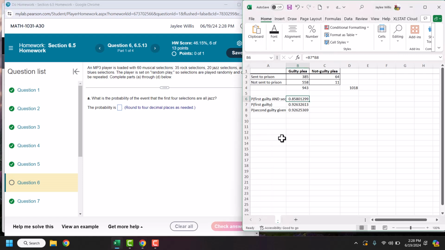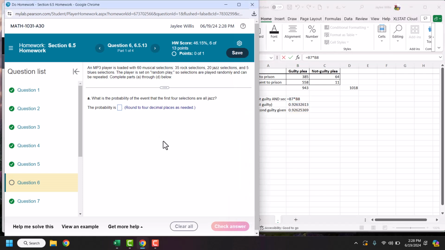And so this is basically the and formula repeated multiple times because you want to get jazz and jazz and jazz and jazz. And so when you multiply your probabilities, instead of just multiplying 2 probabilities, you're going to multiply 4 probabilities together. And since the selections can be played randomly and can be repeated, the probability of each event is just going to be 20 out of 60.